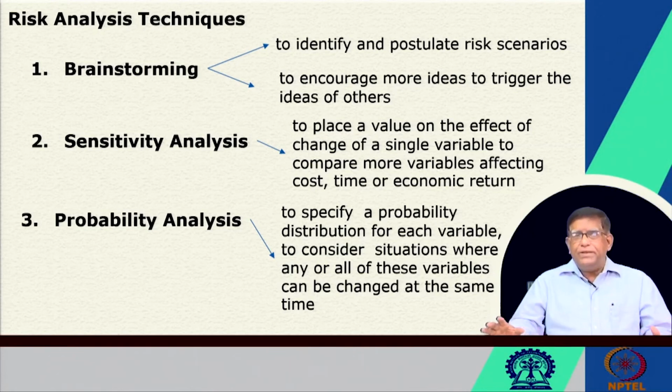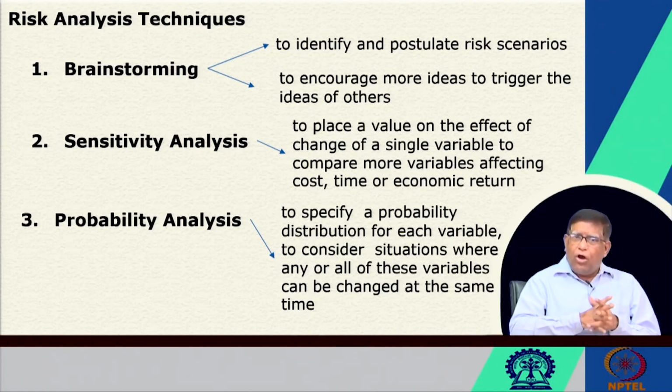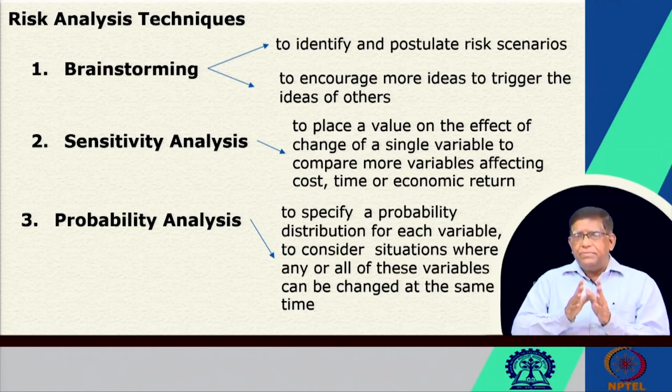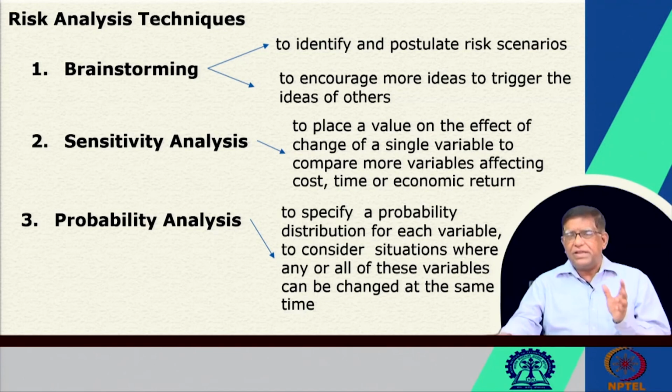In the probability analysis, you find out each of the variables and, for each variable, what its probability is and how it will be affecting. That is where you specify a probability distribution for each variable, to consider situations where any or all of these variables can change at the same time. If you change them, how does it affect the outcome?